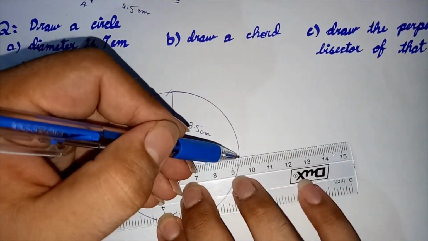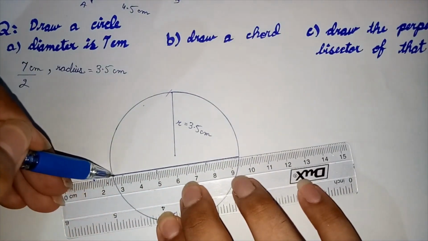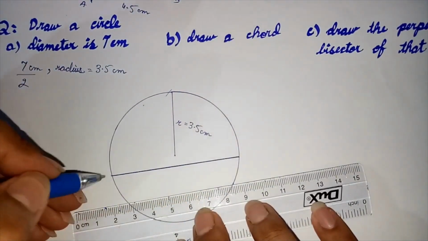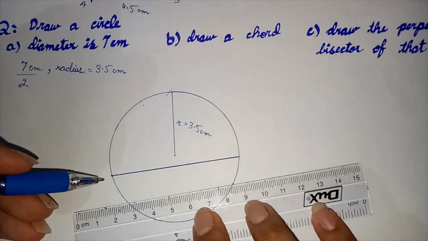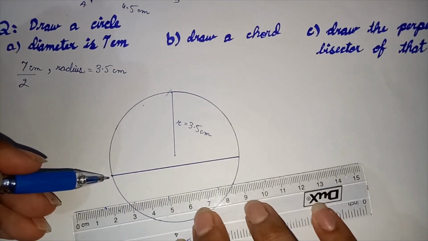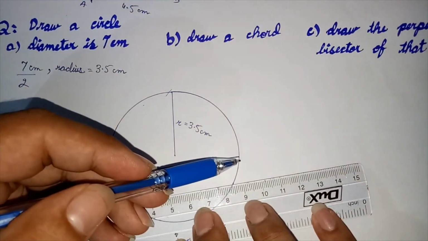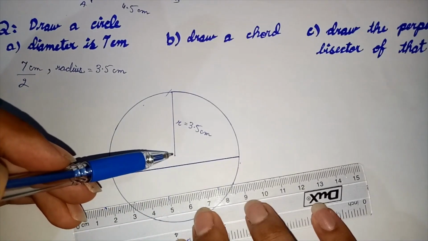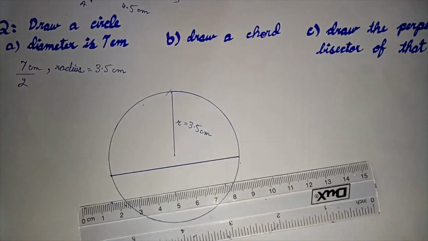So we have to draw a chord of any length. Here I have drawn a line from one point of the circumference to the other point of the circumference, and it is not passing through the center O. Now we have drawn a chord.